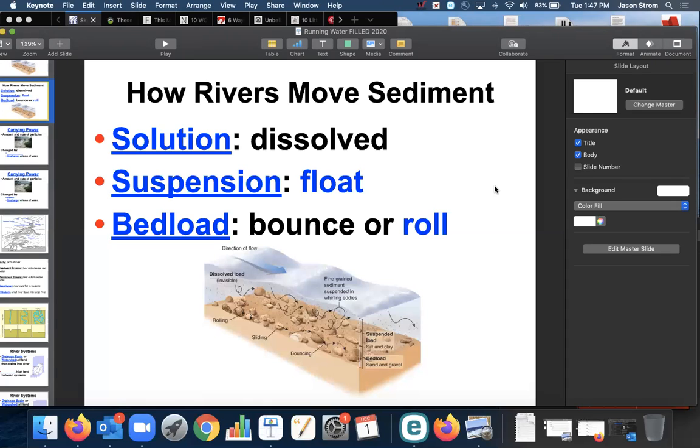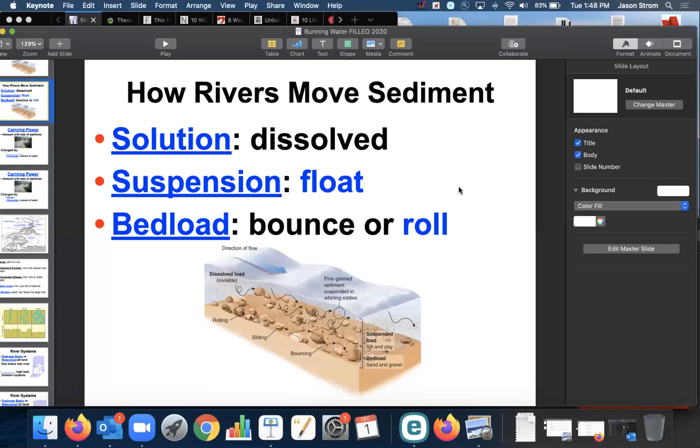So that's why river rocks are round and smooth, and they don't really have sharp edges on them, because all those have been broken off. And if they do have sharp edges, then that rock probably hasn't been in there very long, or not as long as the other ones have.